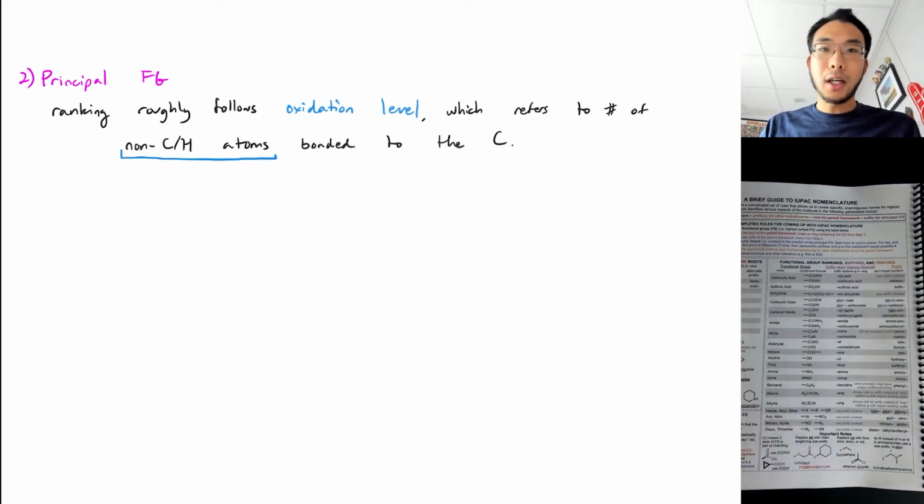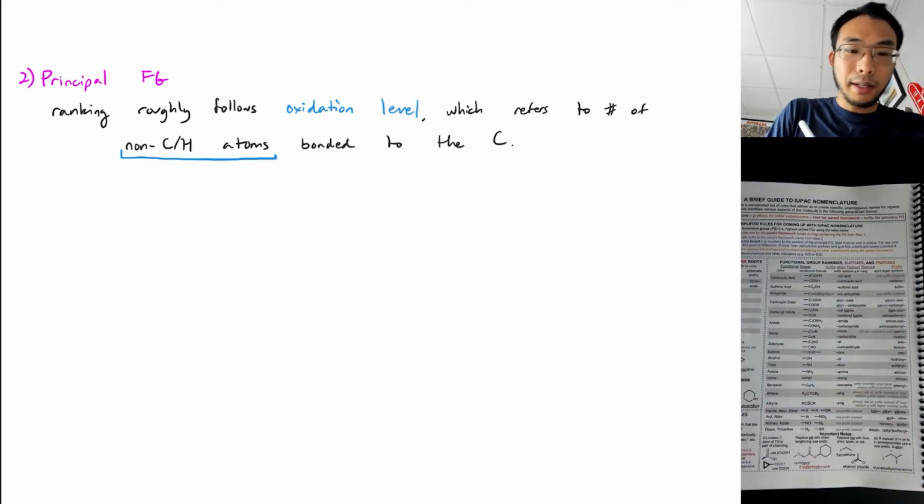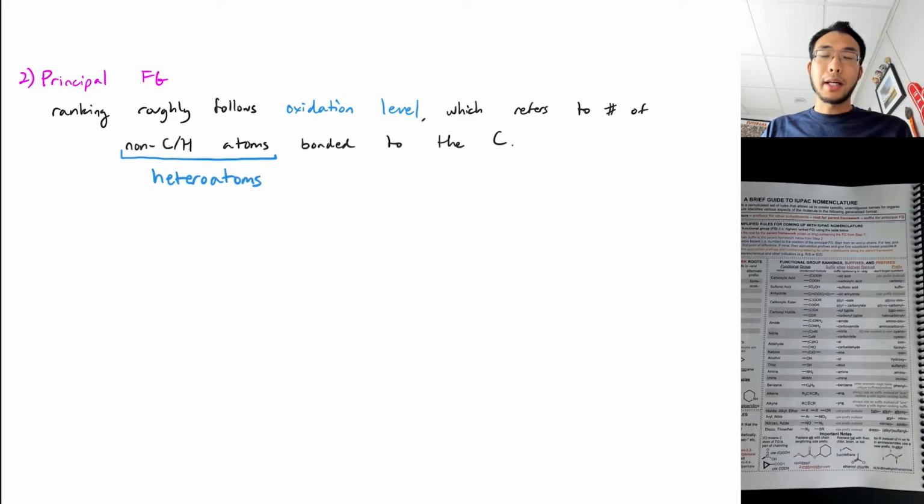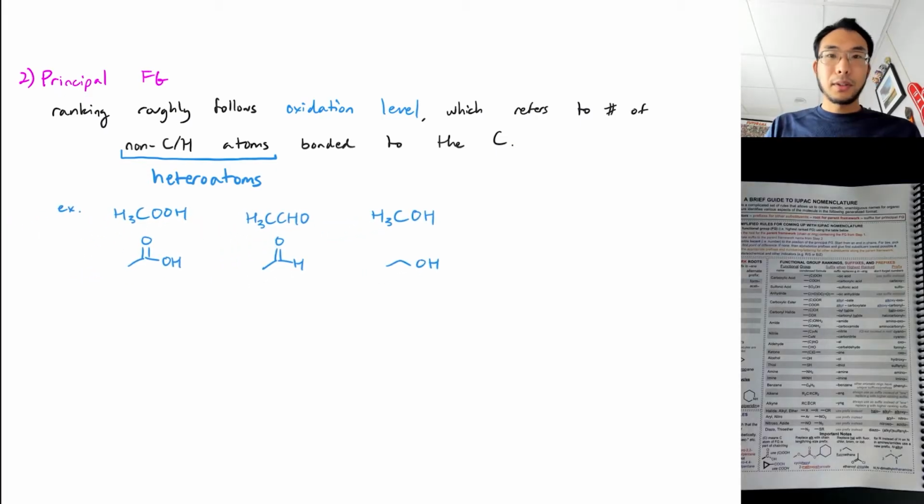When we say non-carbon or hydrogen atoms, that is often also stated as this word, heteroatoms. So in a functional group, we find the carbon atom and then we count how many bonds there are to heteroatoms. So I'll give you an example here of 3 different functional groups.